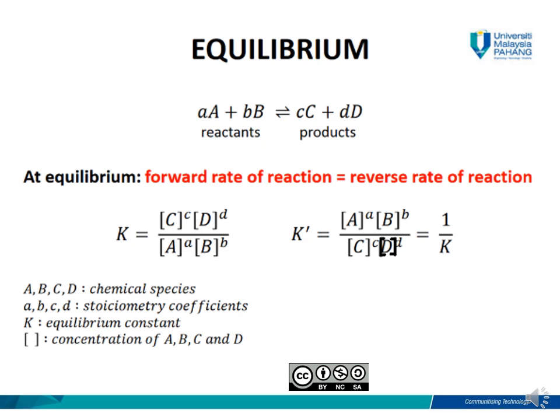Each of the reactants and products is located in a bracket. This bracket represents the concentration of each reactant and each product. And you can see the small letters, the stoichiometric coefficients, are also involved in the mathematical equation.